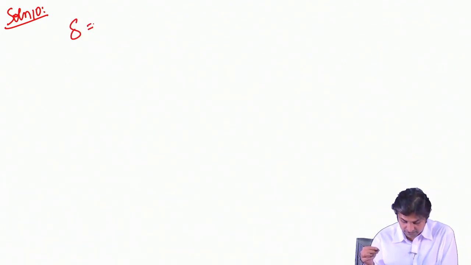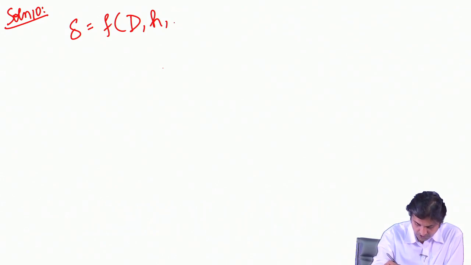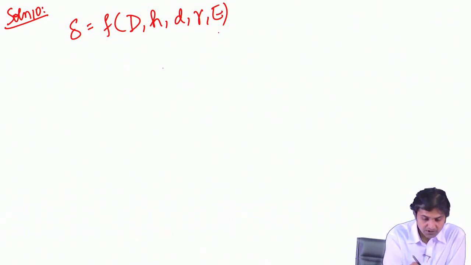So, vertical deflection delta is a function of D, comma h, comma small d, gamma and E. Okay, and we can simply write the dimensions.